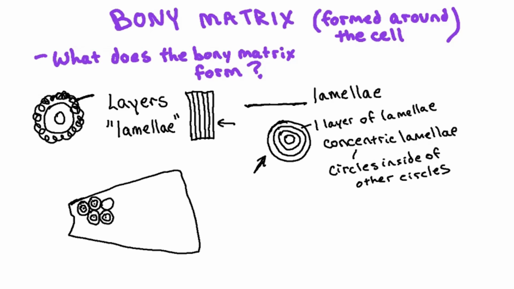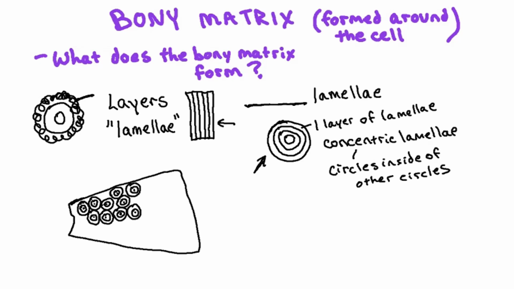And it does this all throughout the compact bone like this. Now, naturally, as you can see, when you're filling up an area with circles, you can't fill up the whole area.